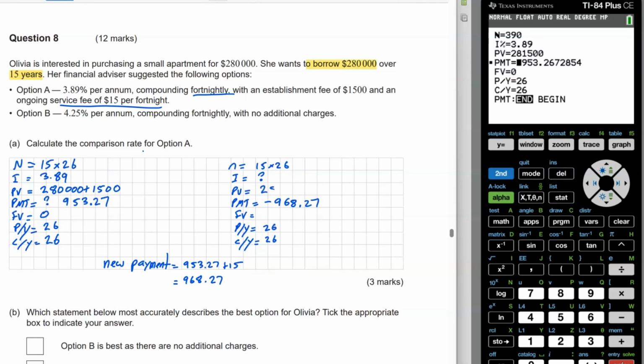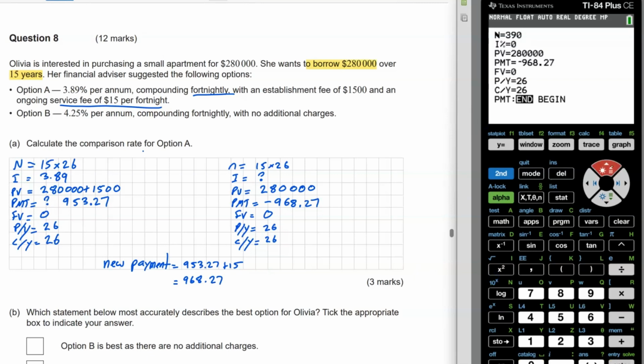The loan is going to be just the 280,000, and the future value will be 0. So we'll just make those changes. So PV is 280,000, and then this one down here is negative 968.27, and then we're solving for the interest.